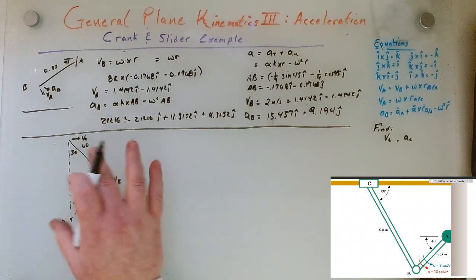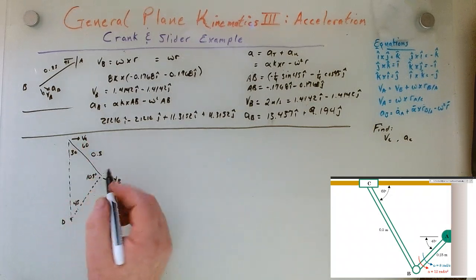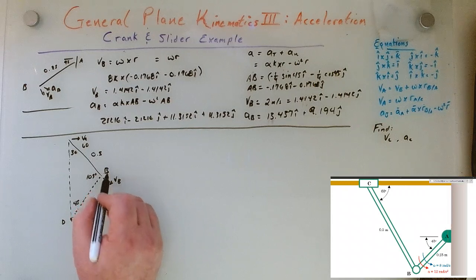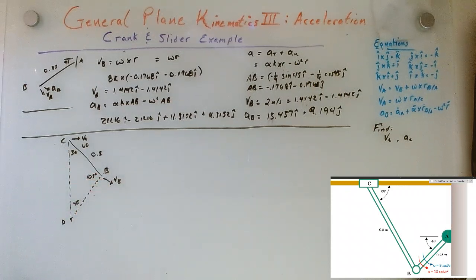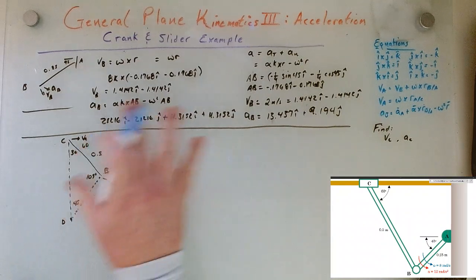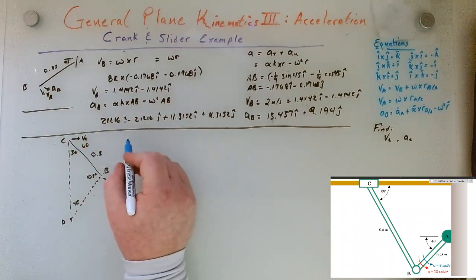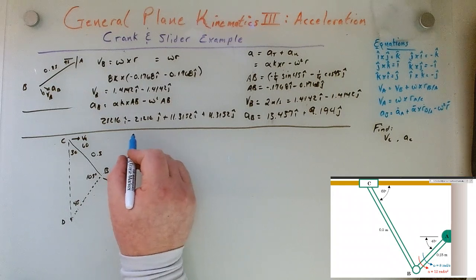So we can use this. This is B right here, this is C, and we can use the law of sines to calculate the lengths of these vectors. I'll switch over and use a different color because there's too much black.